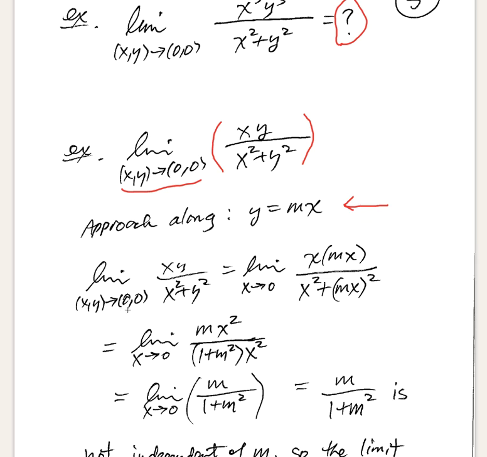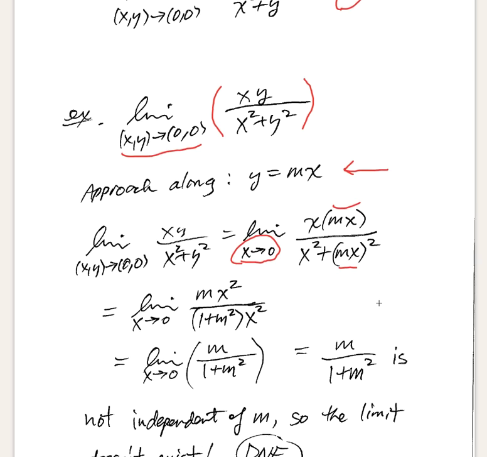Then our limit as (x,y) approaches (0,0) of xy over x squared plus y squared would be the same as the limit as x approaches 0 of x times mx, since that's what y is when we're approaching along this line, over mx quantity squared. Now, let's do a little algebra. The numerator is mx squared. The denominator is 1 plus m squared times x squared.